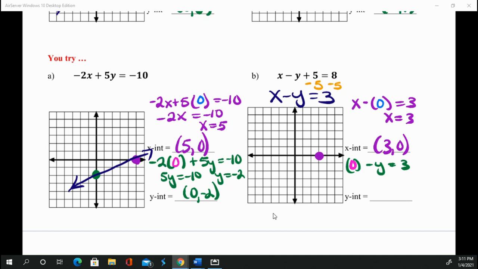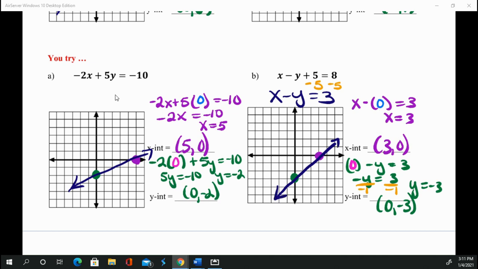Careful not to lose that negative sign in front of the y. We will need to divide by -1 to solve. So the y-intercept is at the point 0, -3. Plot your 2 points, connect and extend.